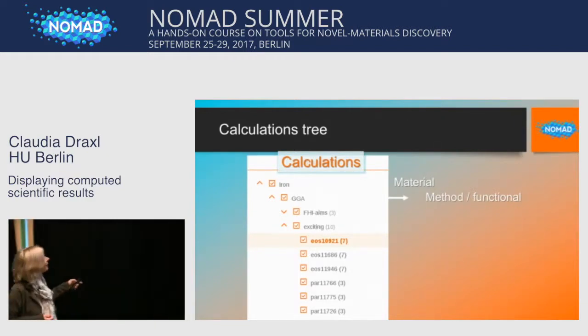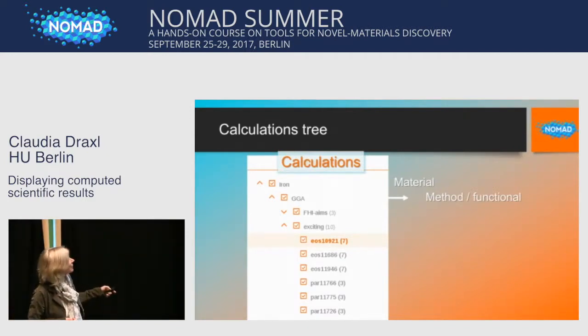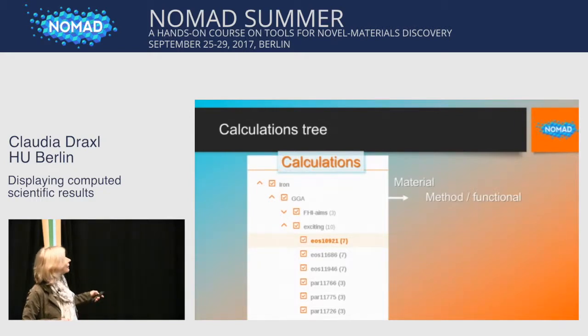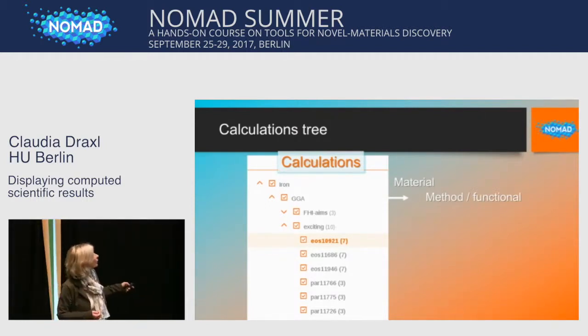Okay, so most important material, then comes the methodology, then comes the code, and then the different calculations. And there you see already our grouping. So for instance, this is the equation of state I've shown before. So we have 7 calculations that have been grouped to give you this energy versus volume curve.